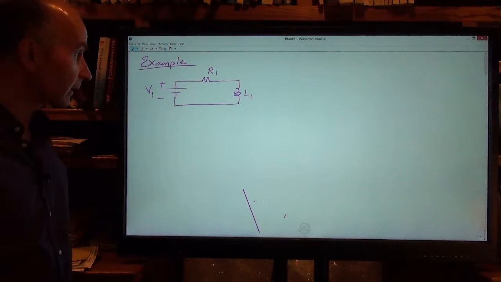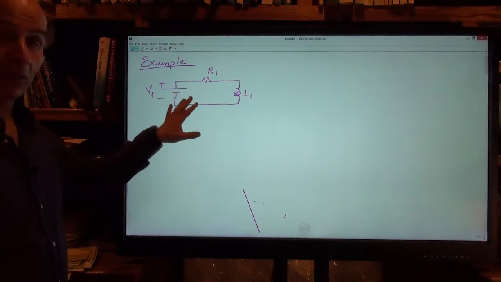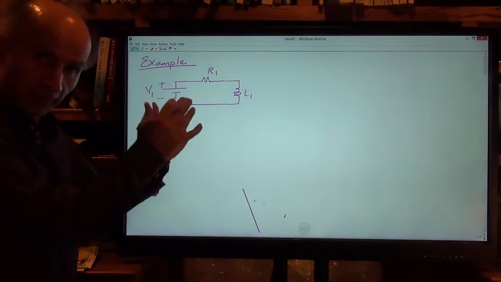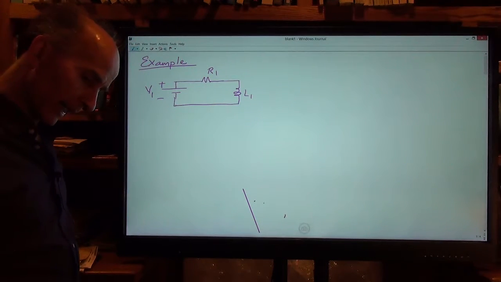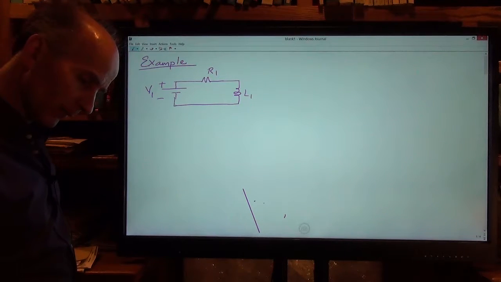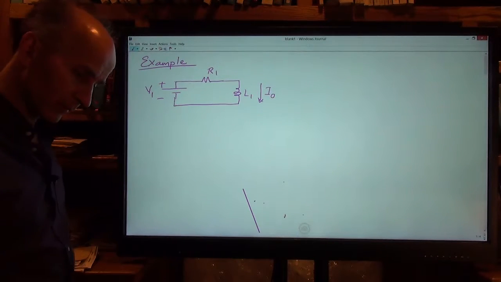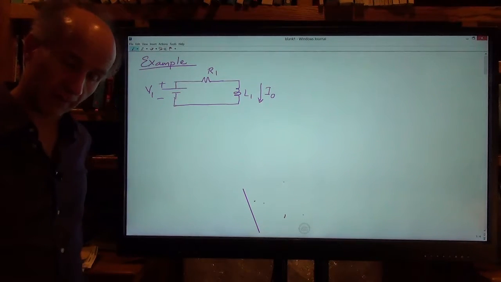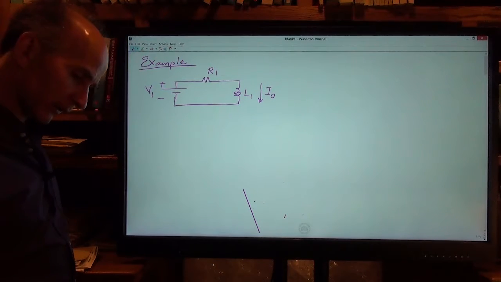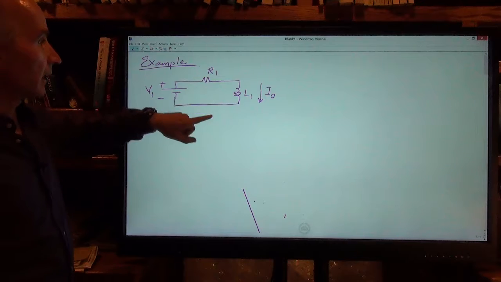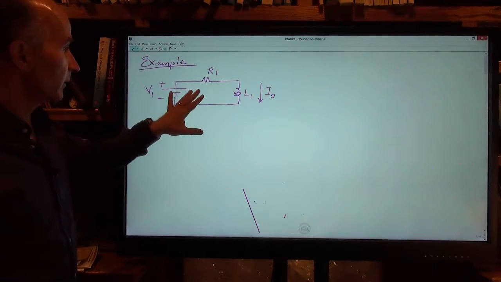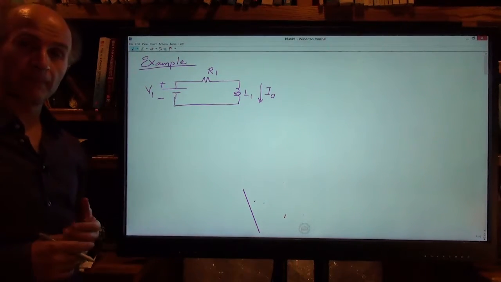And what we're assuming is that at time 0, just before the circuit starts doing something interesting, let's assume that there's a current through this inductor. And actually, we know how much that current is. Let's suppose that we connected the circuit like this.